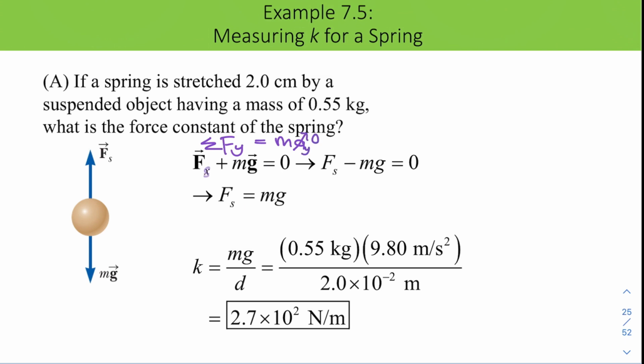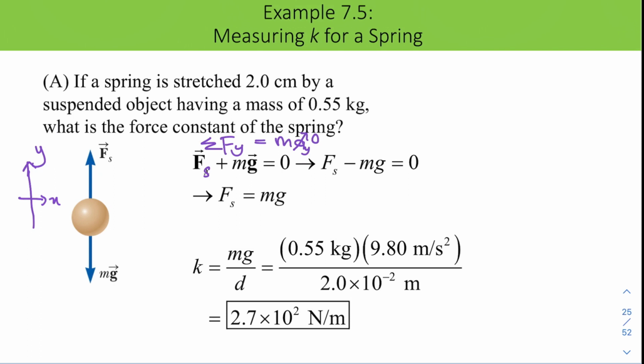So Fs plus mg must be equivalent to 0. Fs is upward, positive, based on this setting, and mg is downward, negative, equivalent to 0. Then from here, we know that Fs is equivalent to mg.